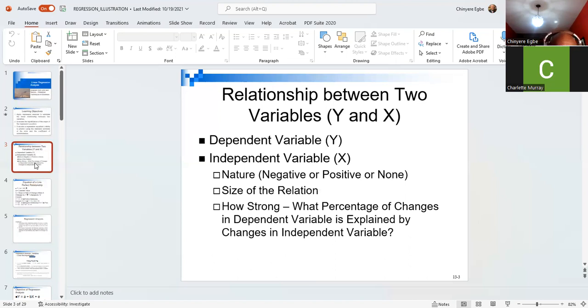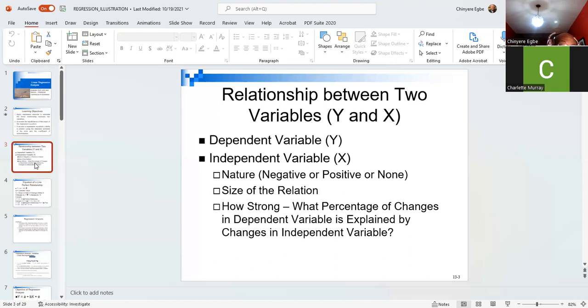To what extent, how much do the values of the independent variable impact on the values of the dependent variable, all right? For example, if we say that your wage depends on how many years of experience, the question you ask yourself, for each additional year of experience, how much does it add to your wage? Maybe every year you get a raise of $50. So for each additional year of experience, your wage will increase by $50.